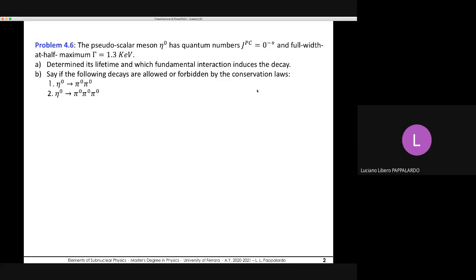Determine its lifetime and which fundamental interaction induced the decay, and say if the following decays are allowed or forbidden by the conservation laws.